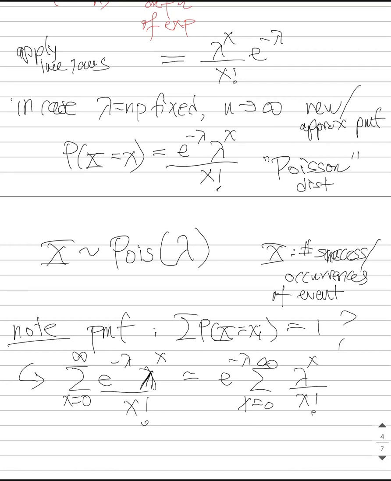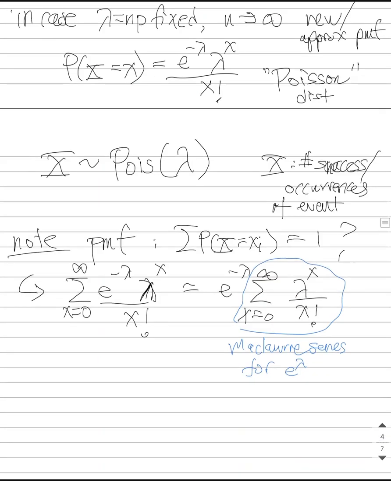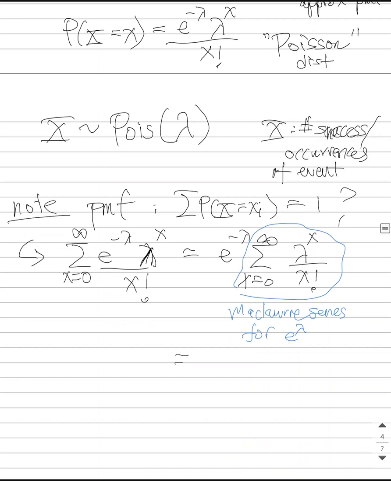You get a gold star if you remember from Calc 2 that this turns out to be the Maclaurin series for e to the lambda. If you don't remember, that's okay as well. And so you'll get e to the minus lambda, e to the lambda. This does equal 1. Okay.